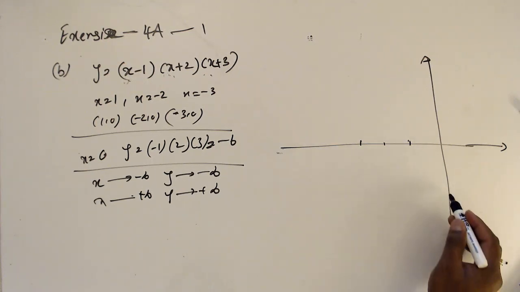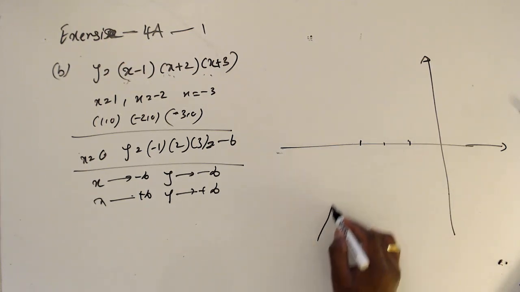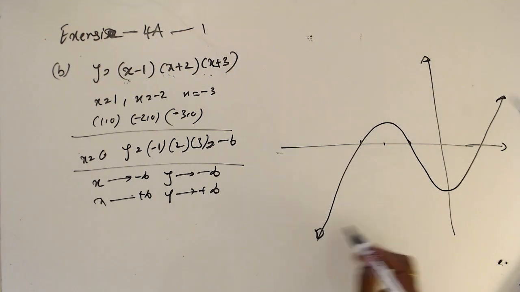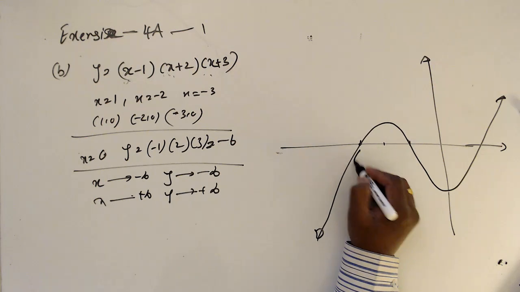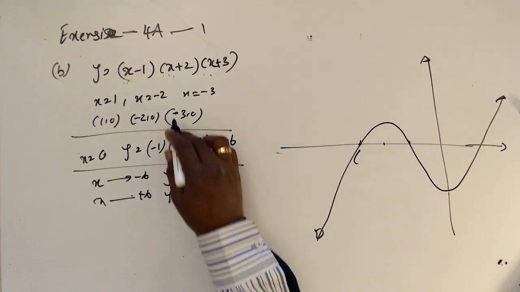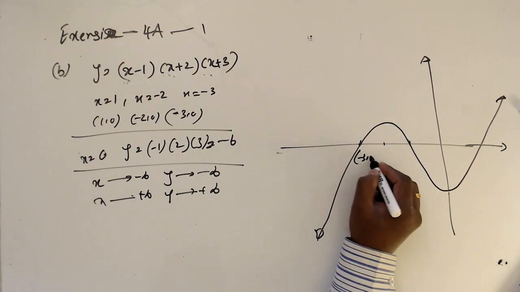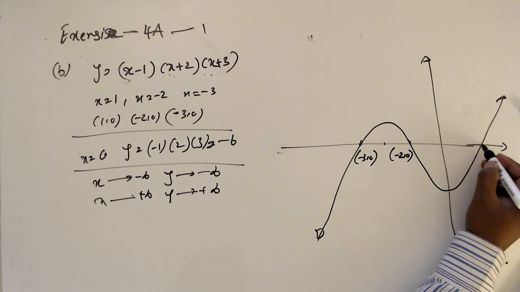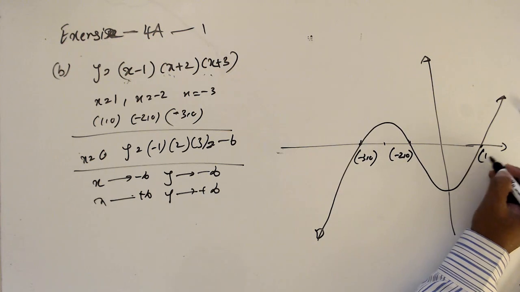So my plan now is to draw like that. Then I will mark. This is going to be (-3, 0). Then (-2, 0). And this is (1, 0).